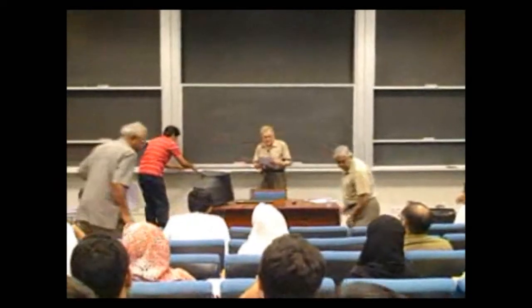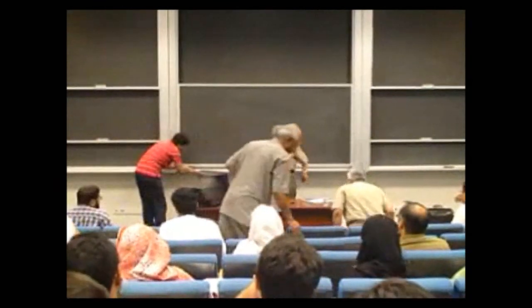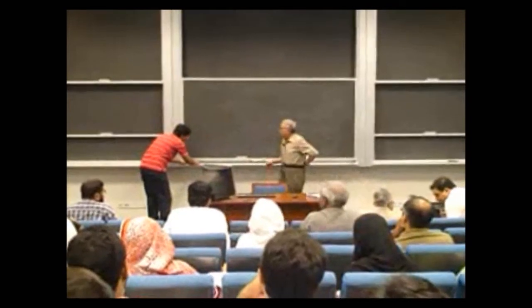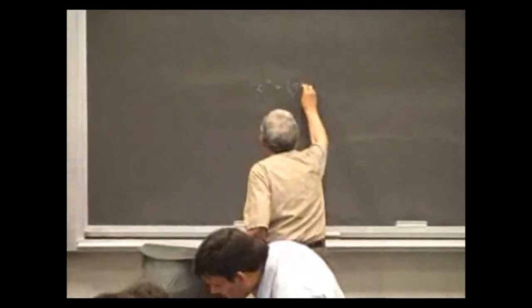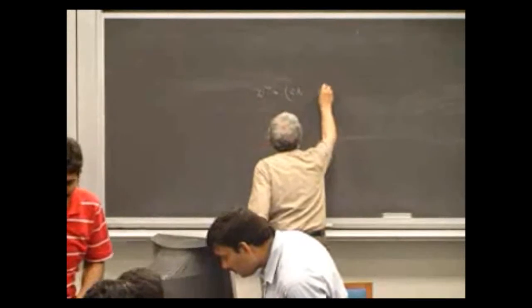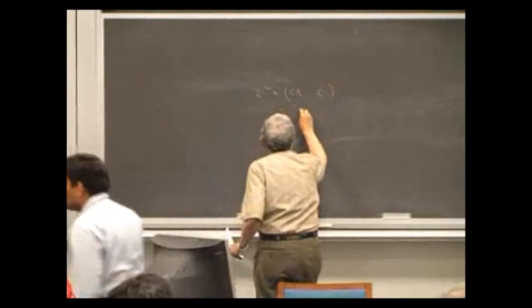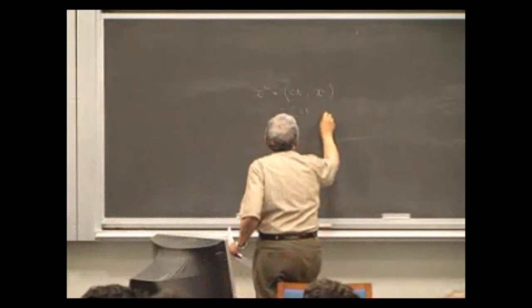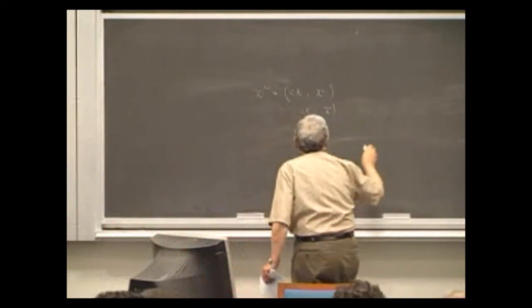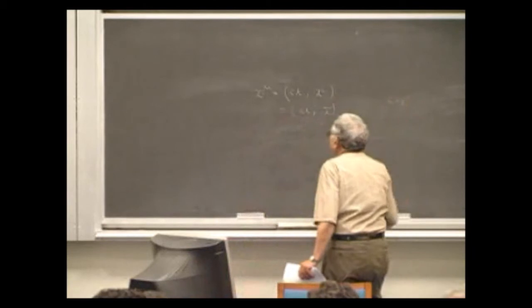So this is the introductory lecture on the Dirac equation. Let me start by giving you the relativistic notation. We will put c equal to 1.